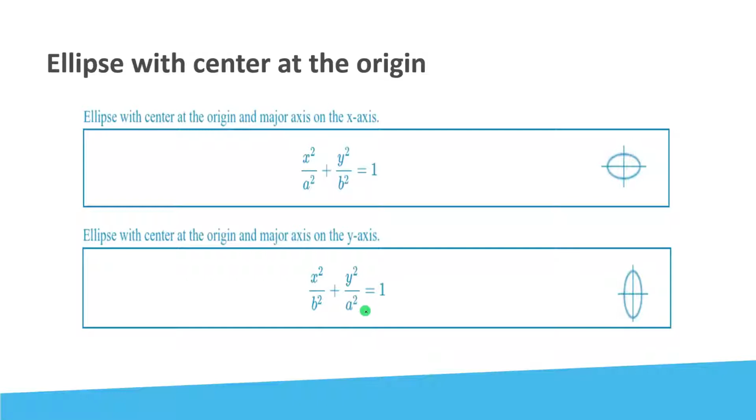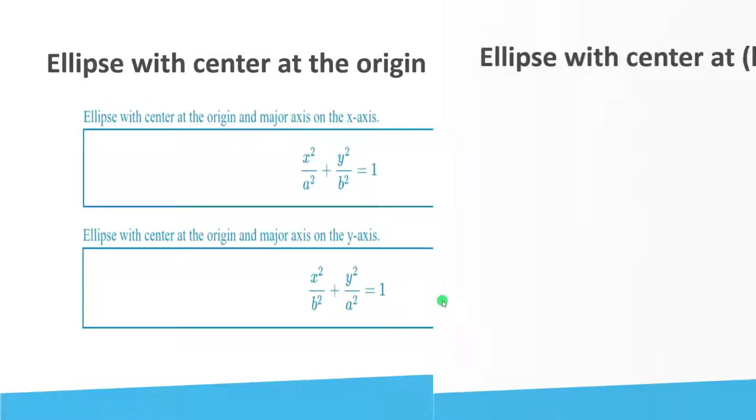Usually a has the greater value, so that's why a is on the denominator of y squared, where the y-axis has the longer axis compared to the x-axis.